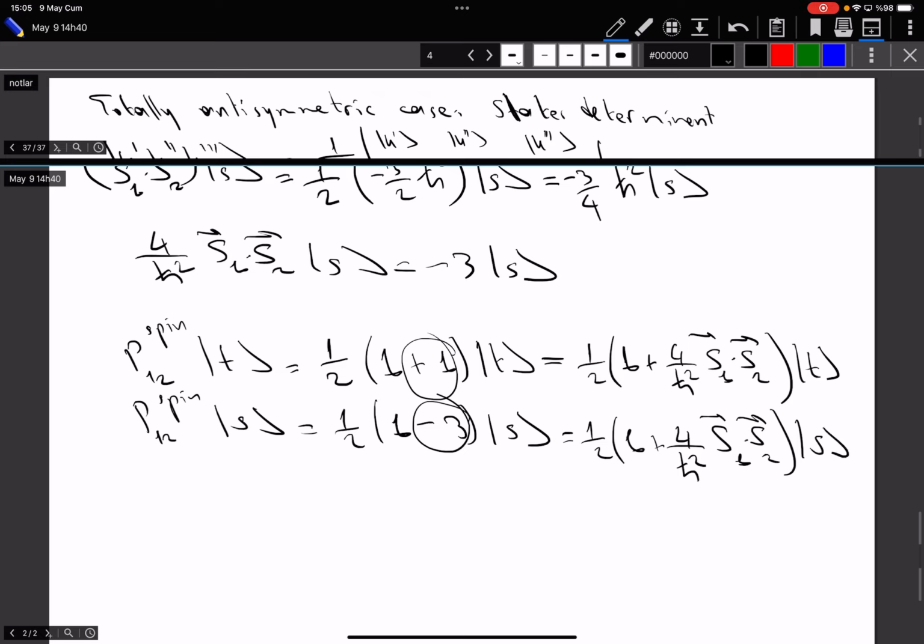So triplet states and the singlet states are all my states available. Those two operators act in the same way on all my base states, so they are equal.